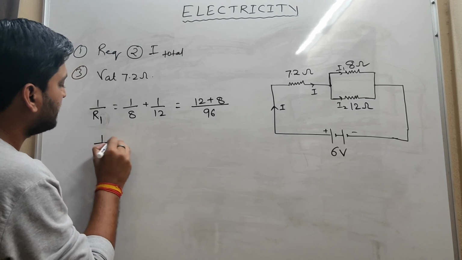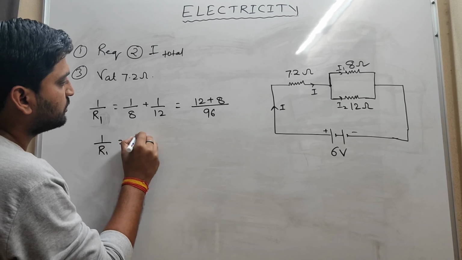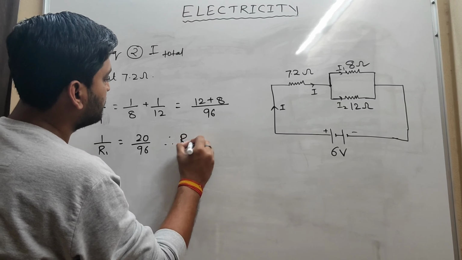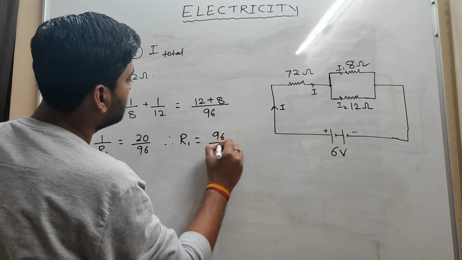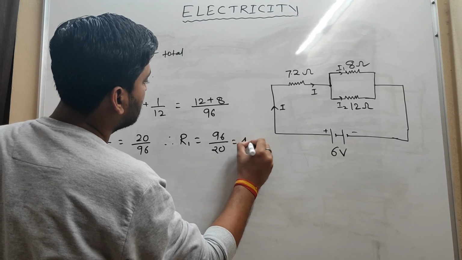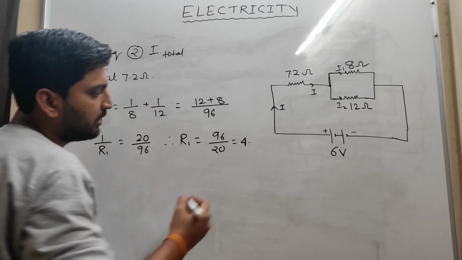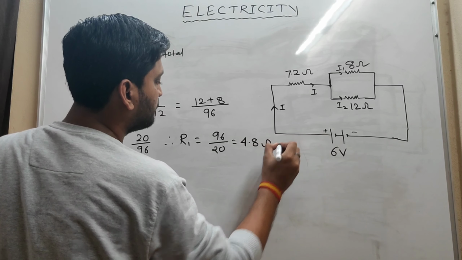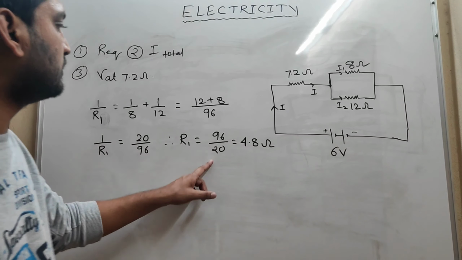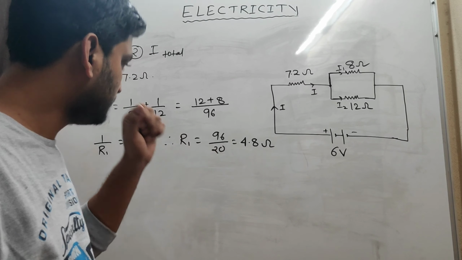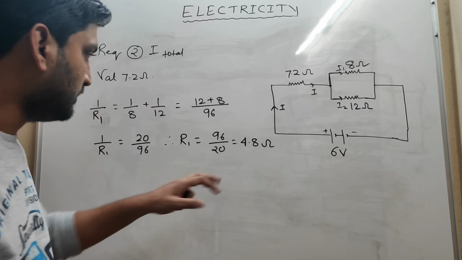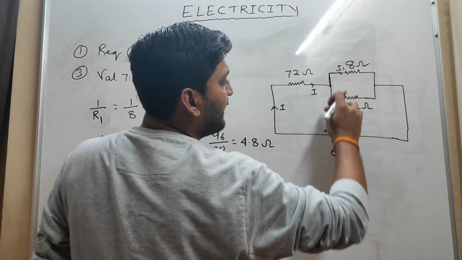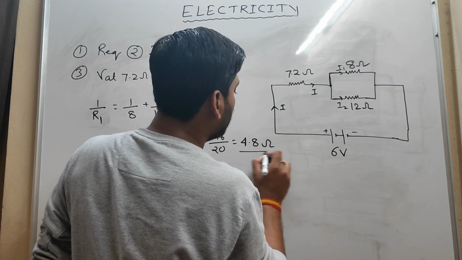So 1 by R1 is equal to 20 upon 96. That is, R1 is equal to 96 upon 20, which is 4.8 ohm.